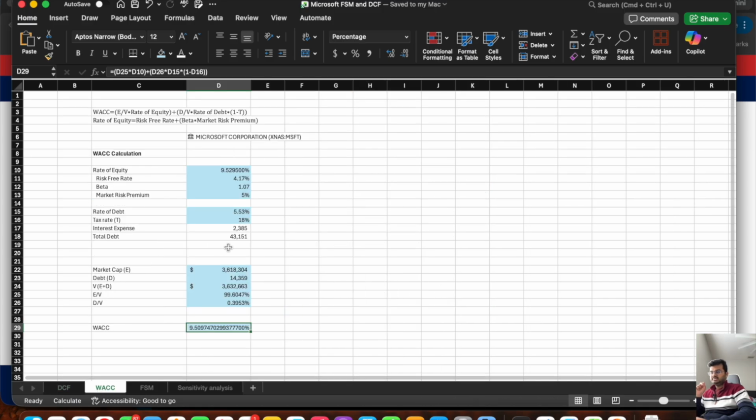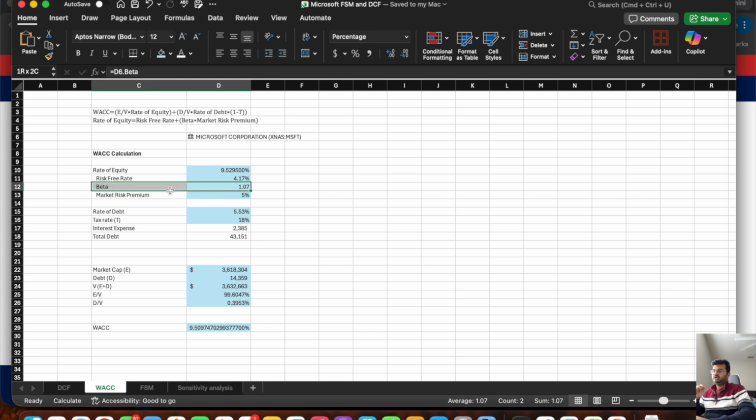But as I mentioned, I have concern in two places here. The first place is how we got the beta and how we got the market risk premium. Technically, the beta we got is just for the Microsoft stock, or for that matter, whatever company you're doing, the value is the beta for that stock.